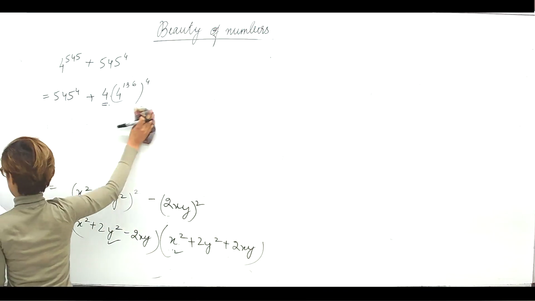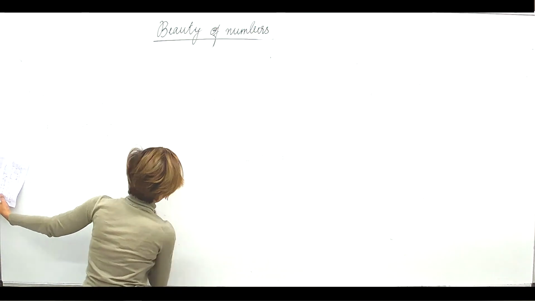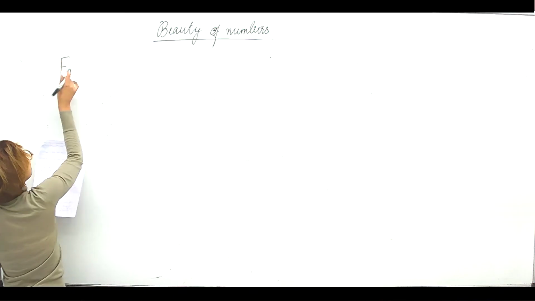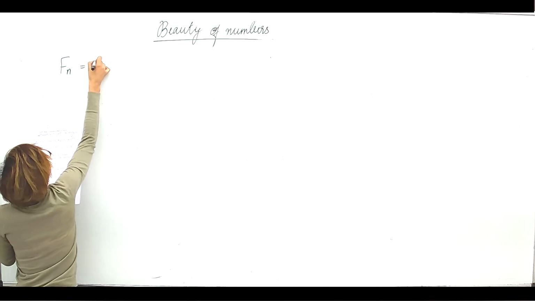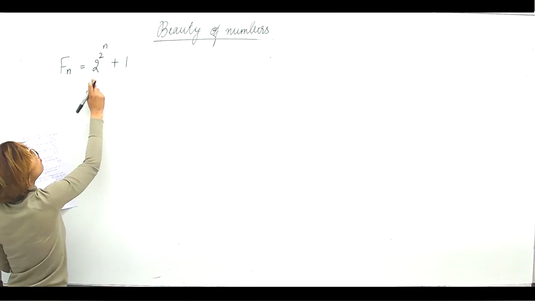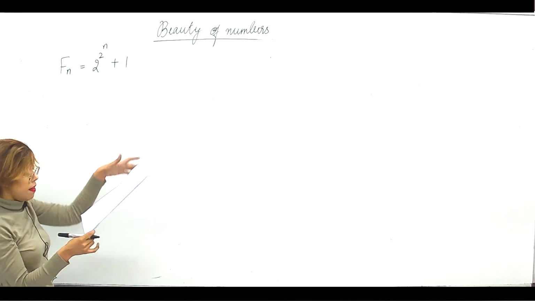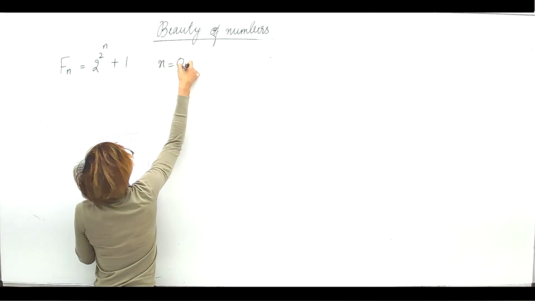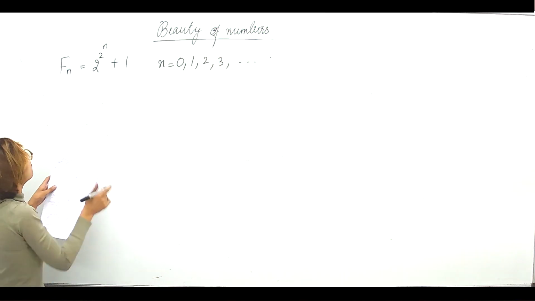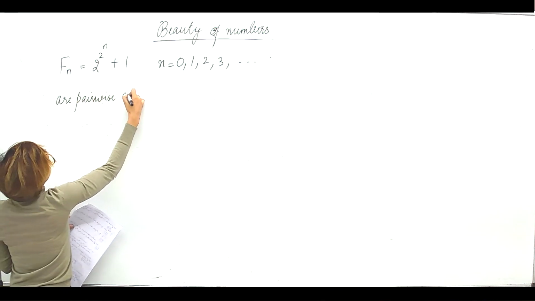Prove that the numbers Fn, defined as Fn equal to 2 raised to the power 2 raised to the power n, plus 1, where n is equal to 0, 1, 2, 3 and so on, are pairwise co-prime.